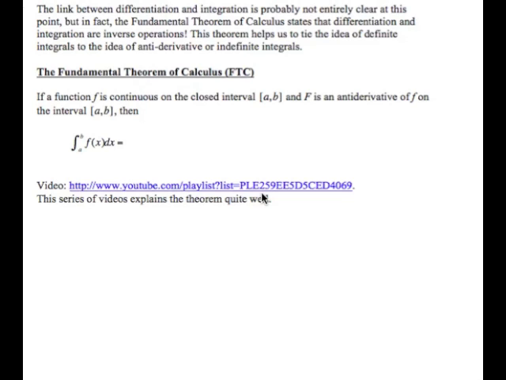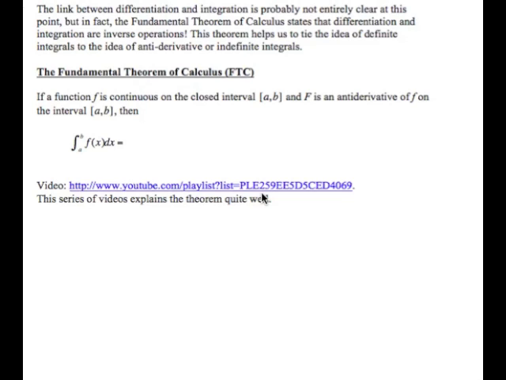As I said, without a lot of detail, the theorem states that if we want to find the definite integral from a to b of f of x with respect to x, we can actually use antiderivatives to do that. So we can find area under the curve, think back a few pages, by using that idea of an antiderivative that we just developed.